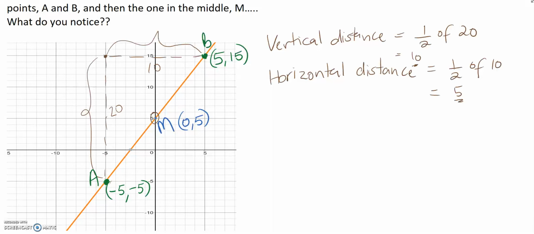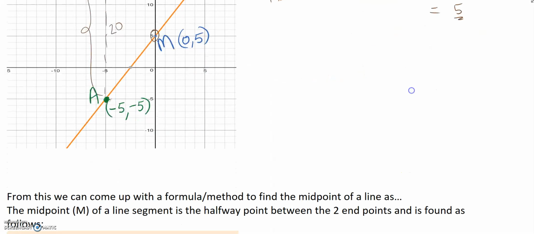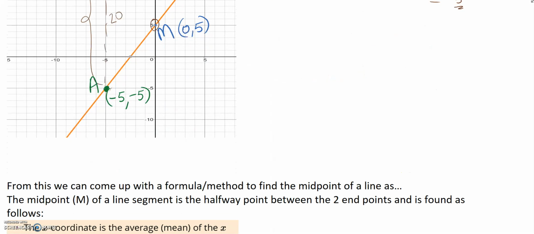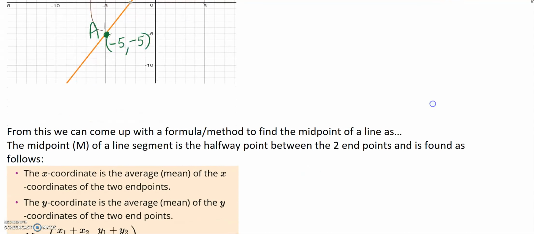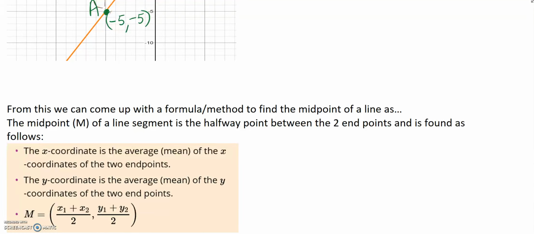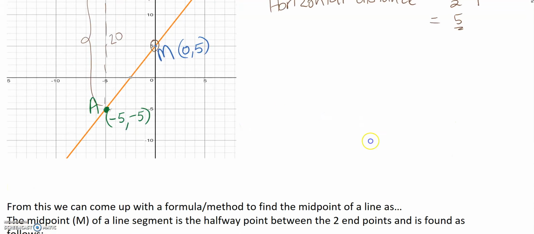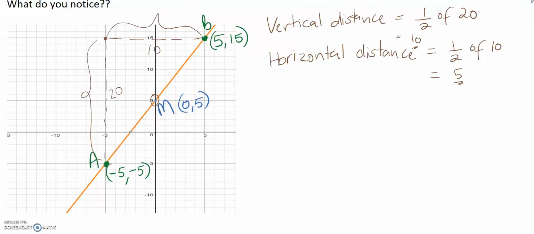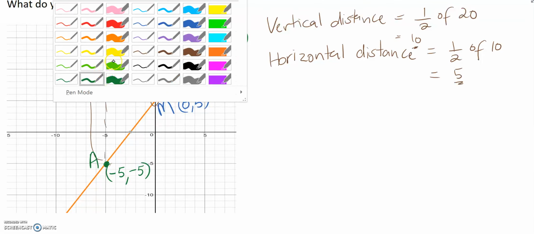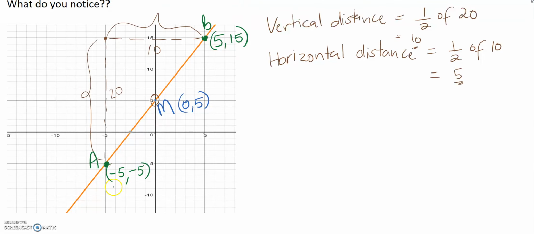midpoint. So from this, we can come up with a formula or a method to find the midpoint of a line. If we take each of these points, A and B, each has an x coordinate and a y coordinate.